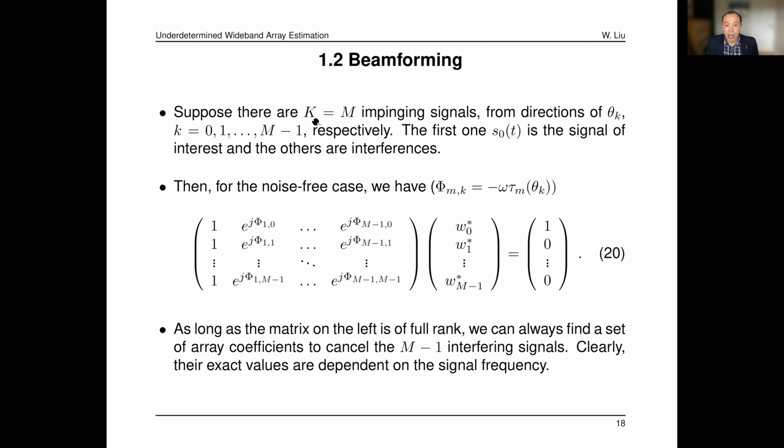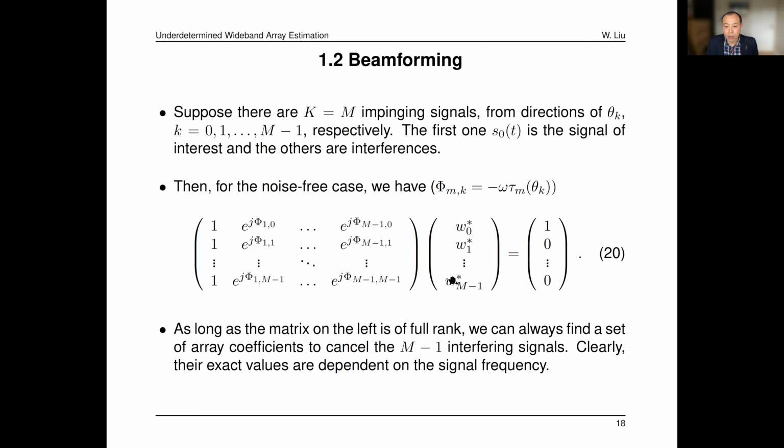And suppose there are K, so the maximum number of signals. Suppose we have K equal to M impinging signals from directions theta_k. The first one is the signal of interest. We want to keep this when we do beamforming, and suppress the others. In the ideal case, there is no noise.